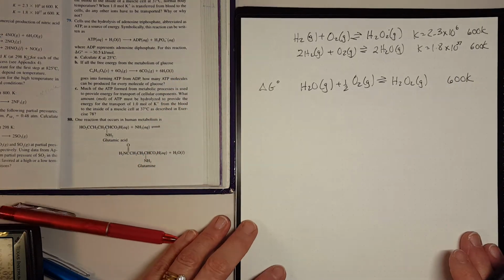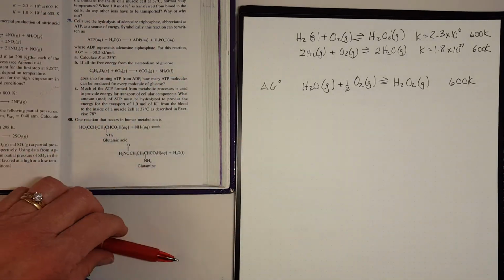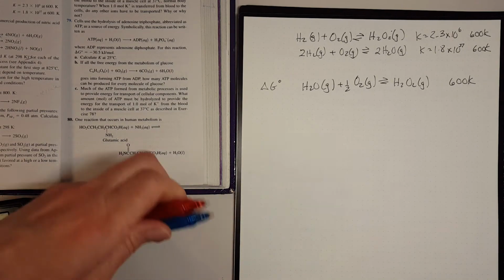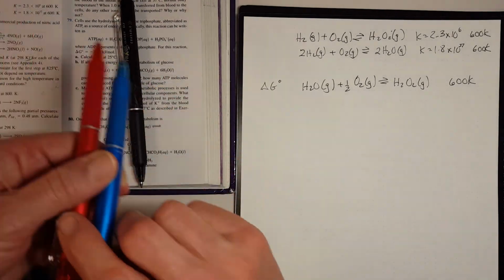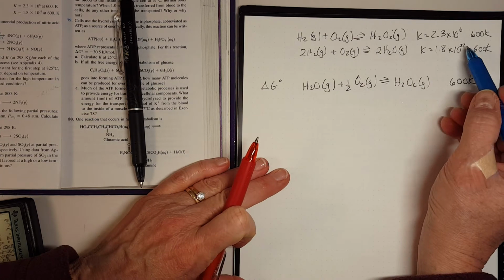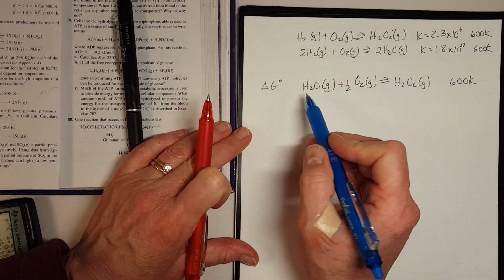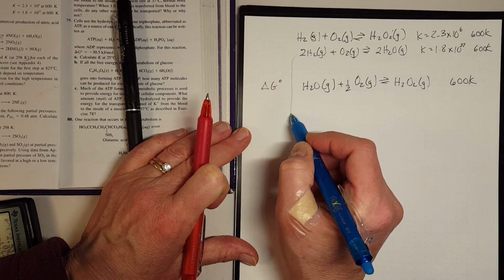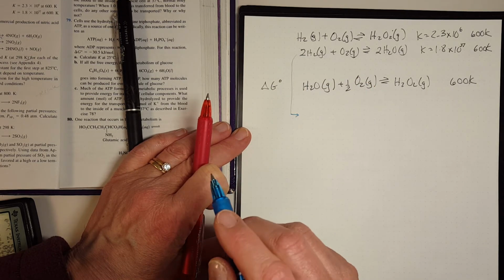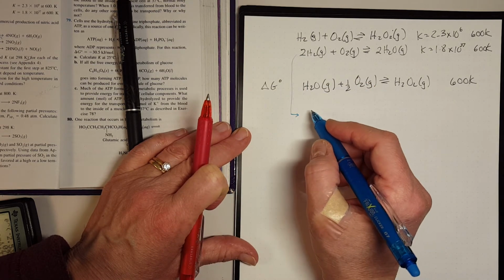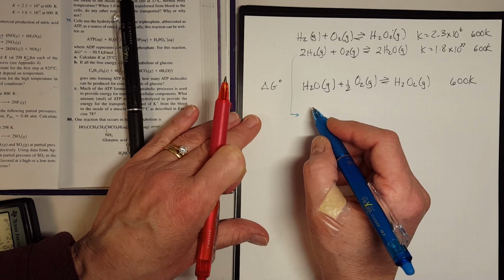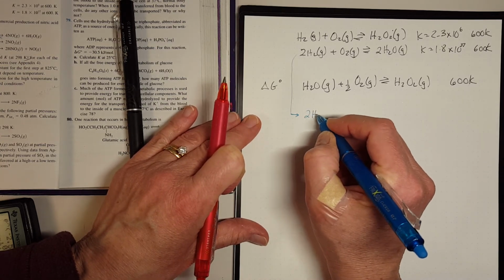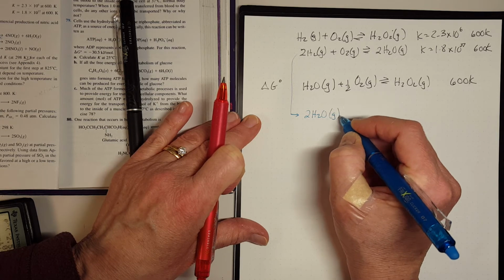Okay, so this definitely looks like a Hess's law type adding and subtracting of equations. So let's rewrite these equations and remember how we deal with the K's when we do this. Okay, I want the H2O on the left. So this first one, I'm going to reverse it. I'm going to do this in two steps so you see what happens.